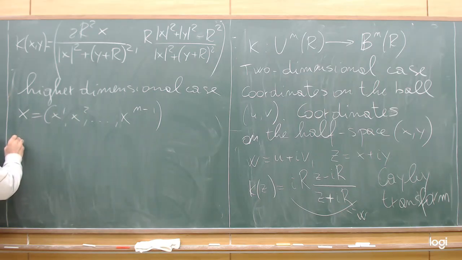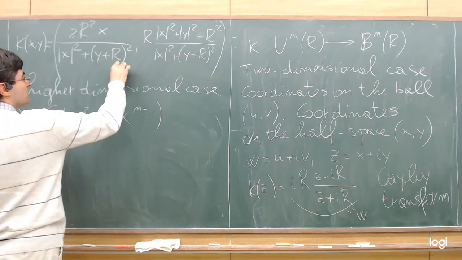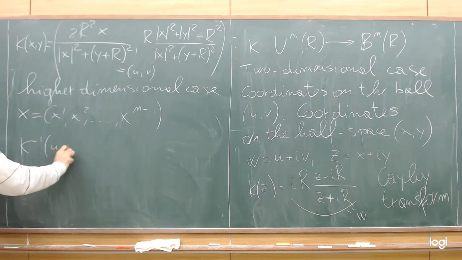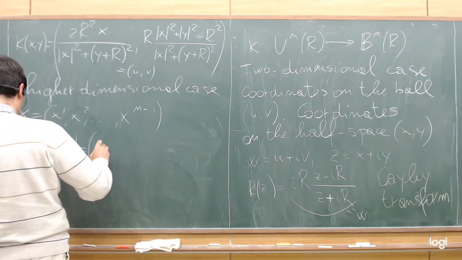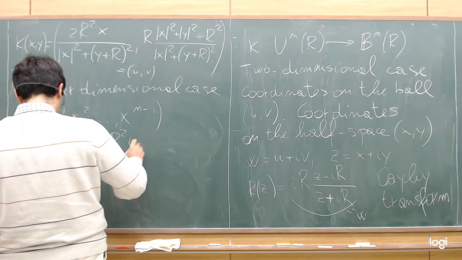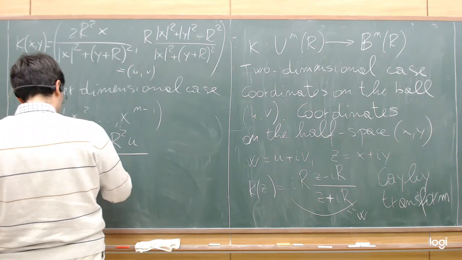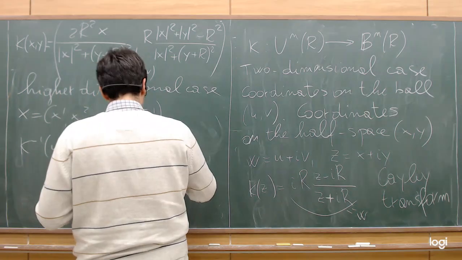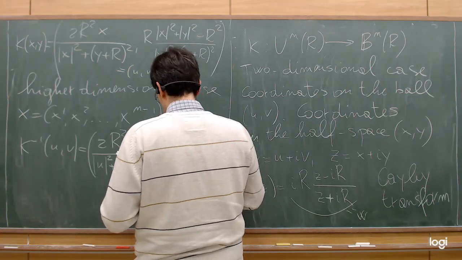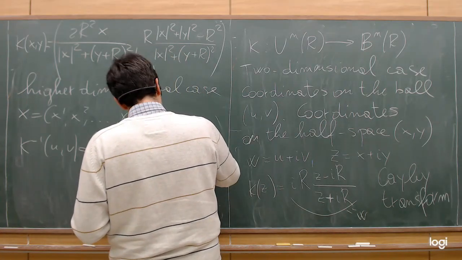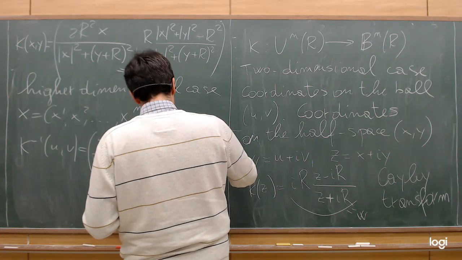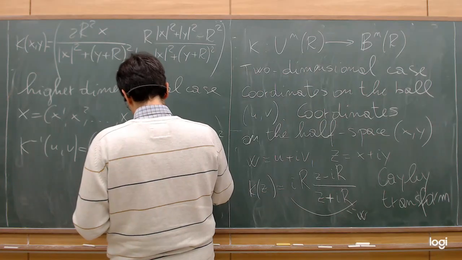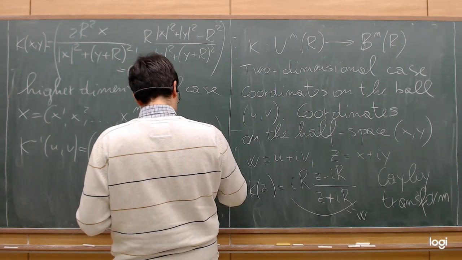The formula for the inverse, if we write this as uv, is given by k inverse of uv equals 2r square u divided by length of u square plus v minus r square, r multiplied by r square minus length of u square minus v square divided by length of u square plus v minus r square.